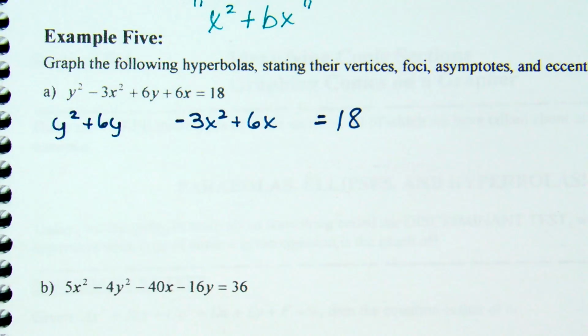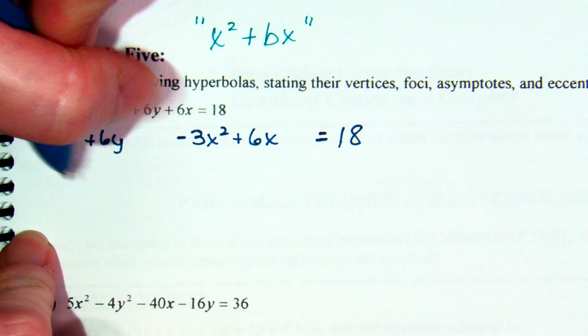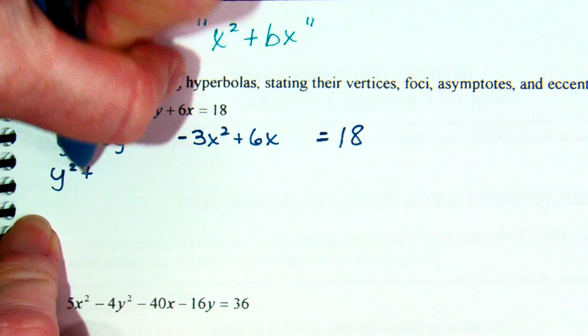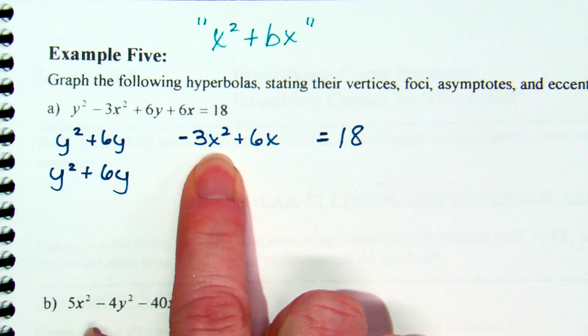We need, on both the x's and y's, for it to be 1. So a 1x squared, a 1y squared. Now, that means my y's, they're already good. We're ready to complete the square with y's. My x's, we are not. So we're going to do another line before we complete the square. I'm going to say y squared plus 6y, still leaving that blank. How do I get my x squared to be a 1x squared?